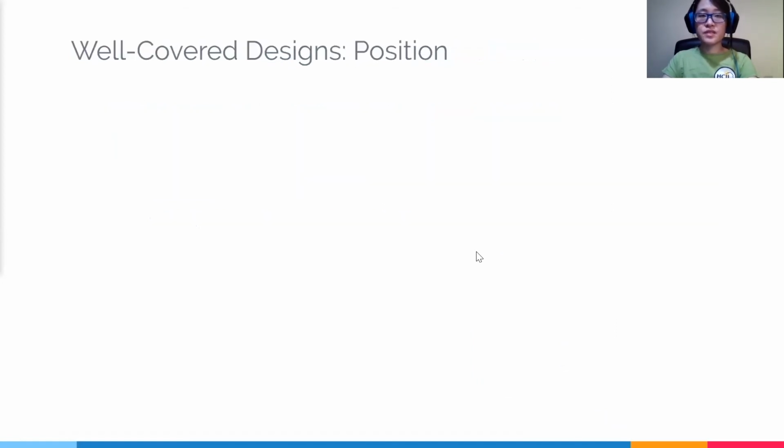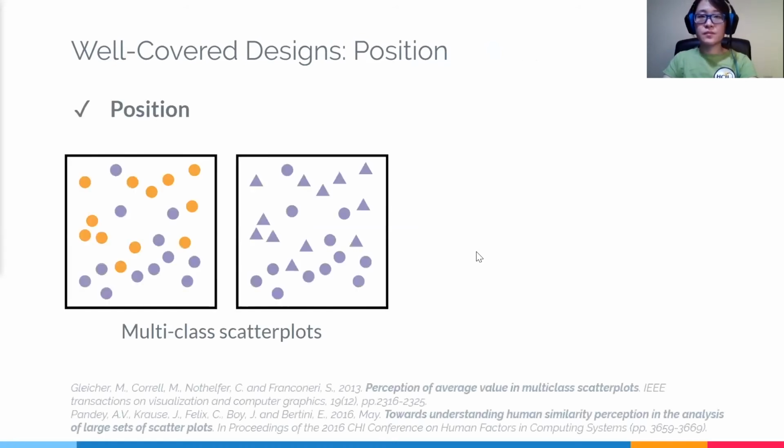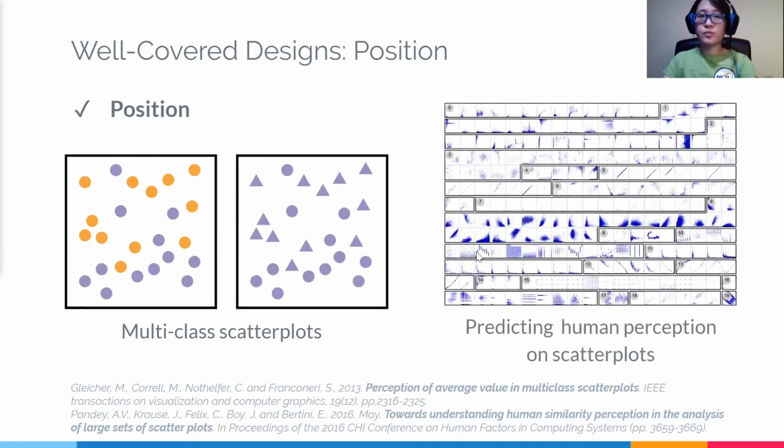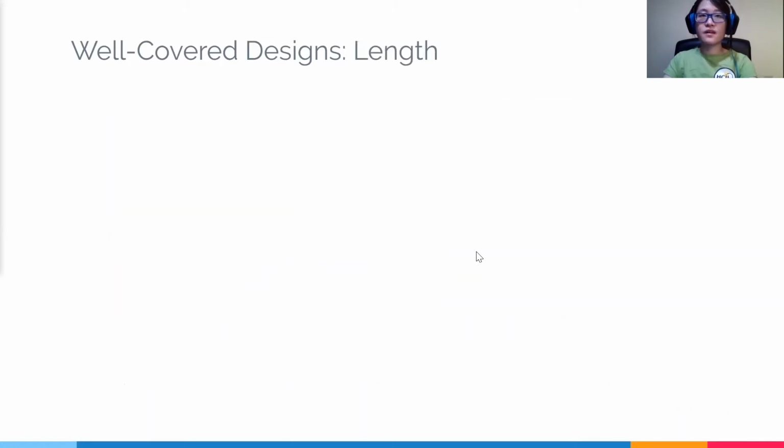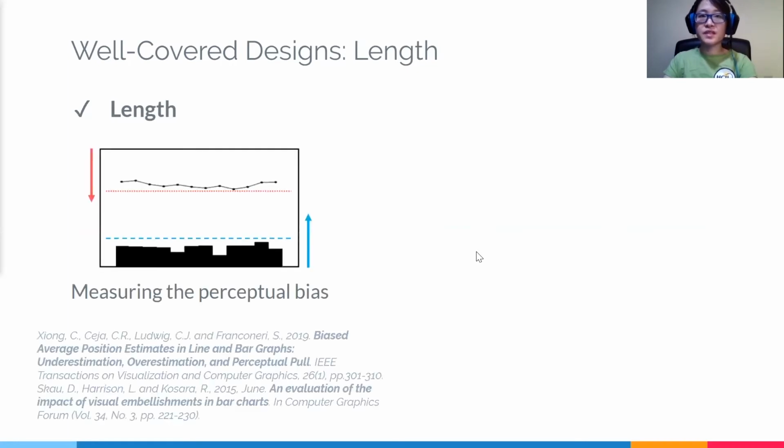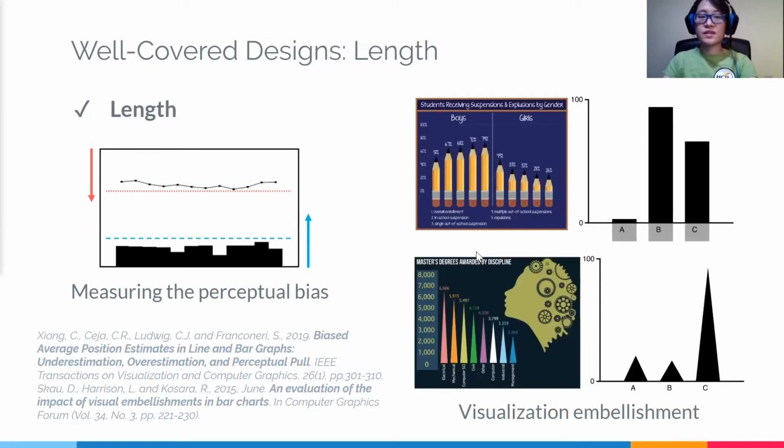As we mentioned, position, length, and color are the 3 well-discussed visual encodings. Position encoding is usually well discussed in papers that focus on multi-class scatter plots or predicting human perception on scatter plots. On the other hand, length encoding is discussed in papers that focus more on measuring the perceptual bias of length encoding or assessing the effect of visual embellishment on length encoding.